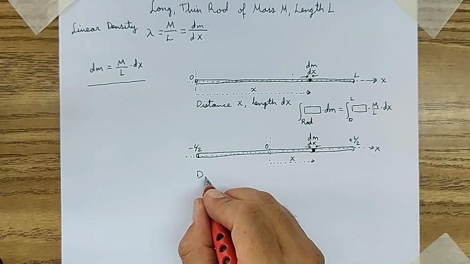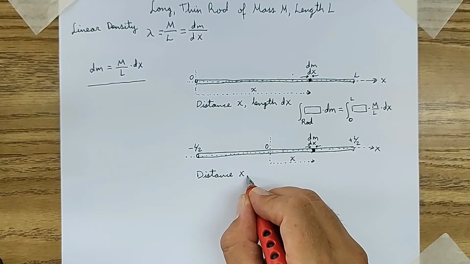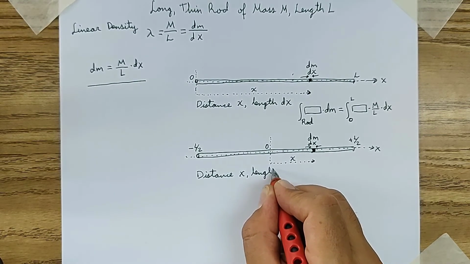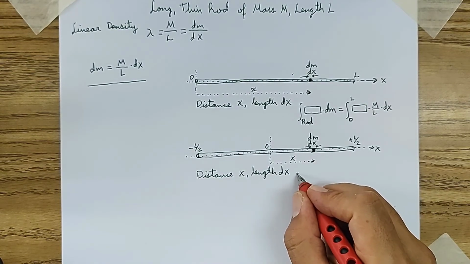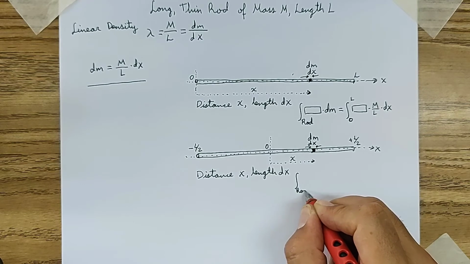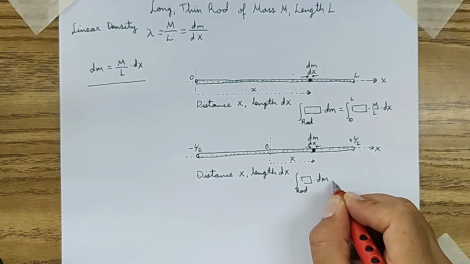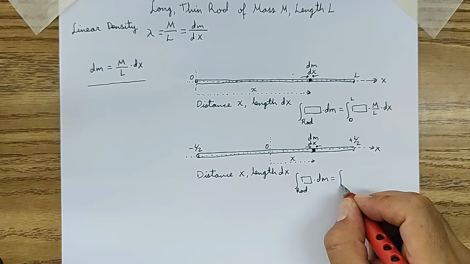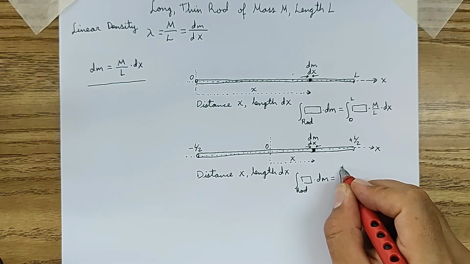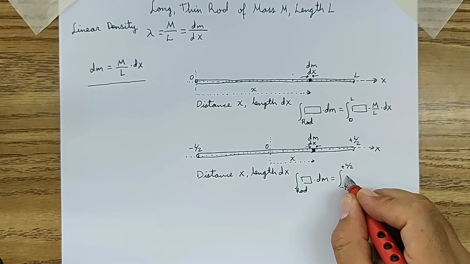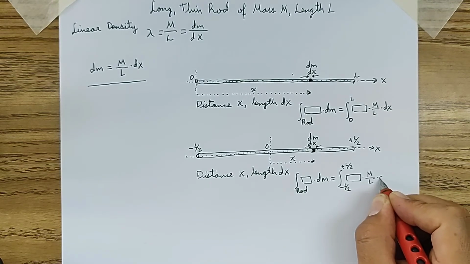So once again, the distance from the origin is x, but the length is dx. In this case, when you do your integral over the rod of the function times dm, that integral needs to be done from negative L over 2 to positive L over 2 of the function times m over L dx.